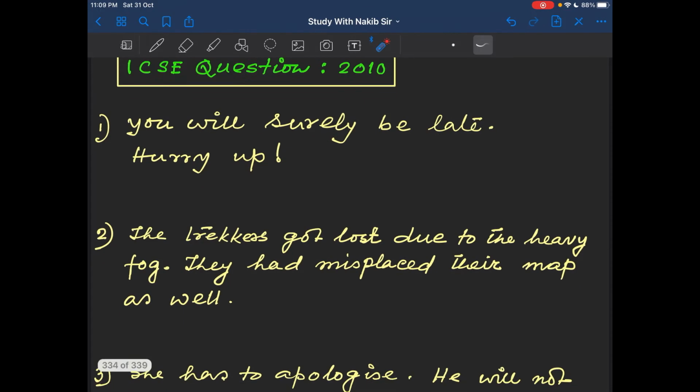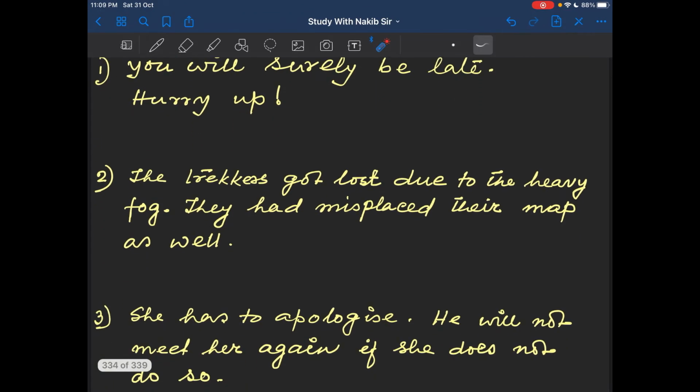Number 2. The trekkers got lost due to the heavy fog. They had misplaced their map as well.